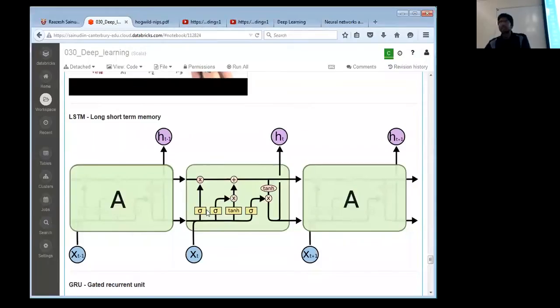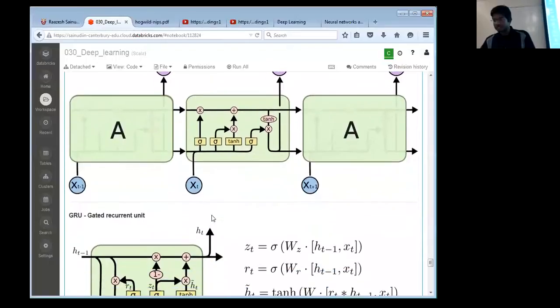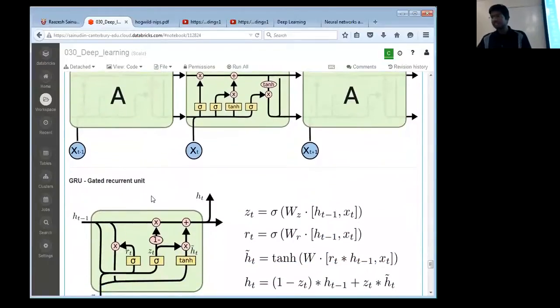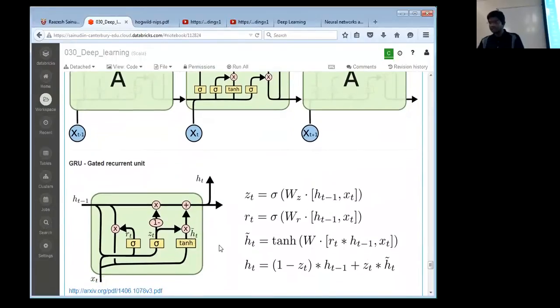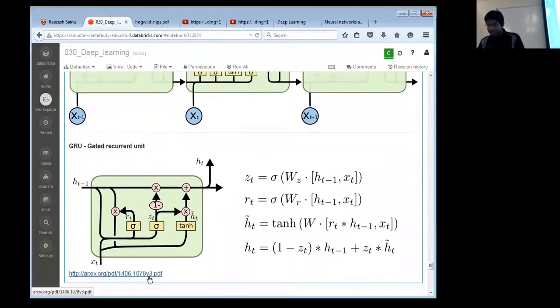But this again requires a lot of memory, and to optimize that, they've come up with something called the gated recurrent unit. It looks slightly more complicated, but you can get more details from this paper.